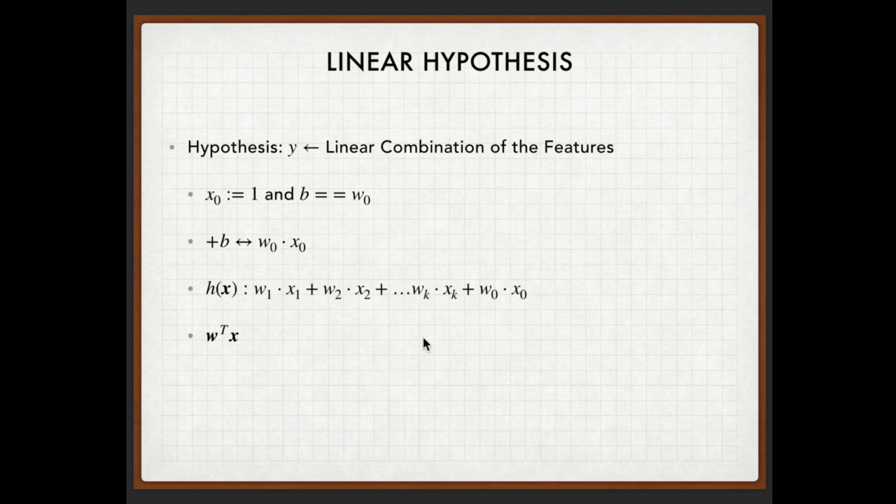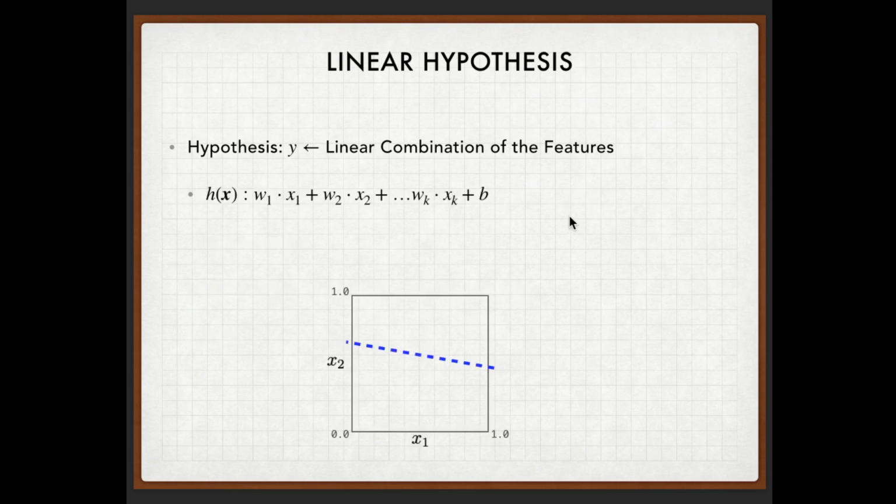Before we go to the next step, let us have an intuitive look at how such a hypothesis would look. Consider if we have only 2 interesting attributes. By interesting, I mean those attributes are from the data, not including the X0, which we have said is a dummy attribute, always taking the value 1.